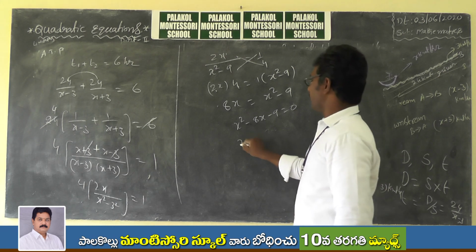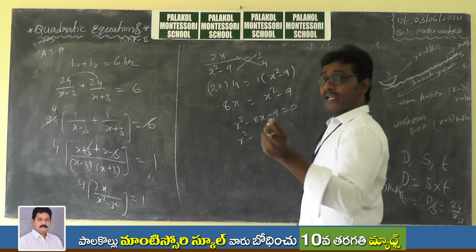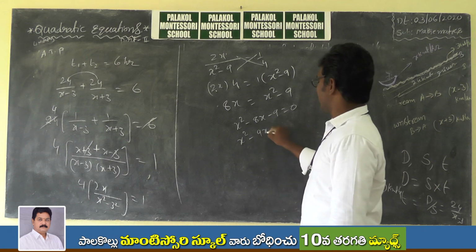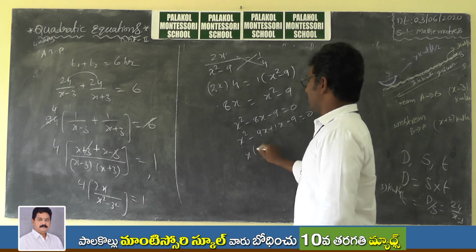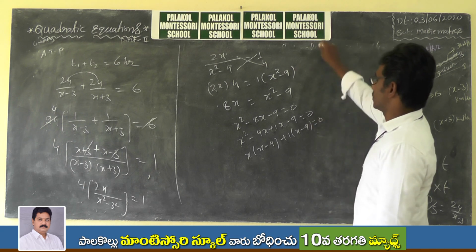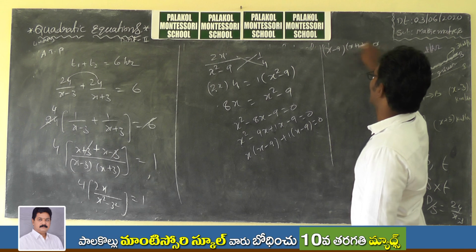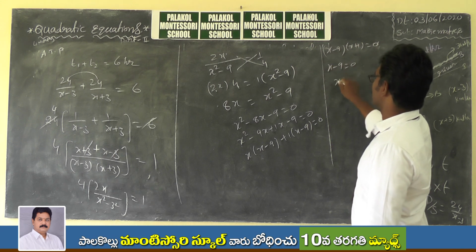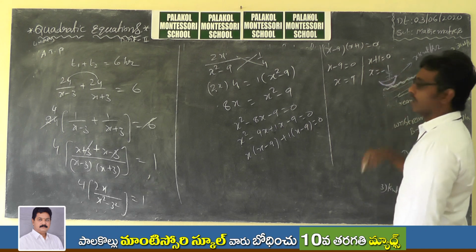You find out the factors: x square, 1 9s are 9, so 9 minus 1 is 8. So x square minus 9x plus 1x minus 9 is equal to 0. x is common, x minus 9, plus 1 is common, x minus 9. x minus 9 is common, remaining x plus 1 is equal to 0. x minus 9 is equal to 0, x is equal to 9. x plus 1 is equal to 0, x is equal to minus 1.